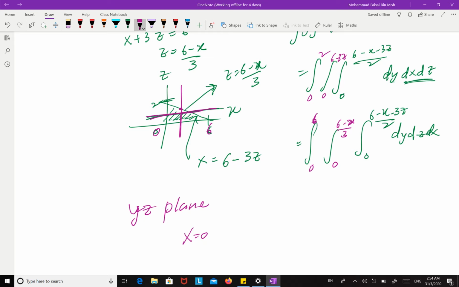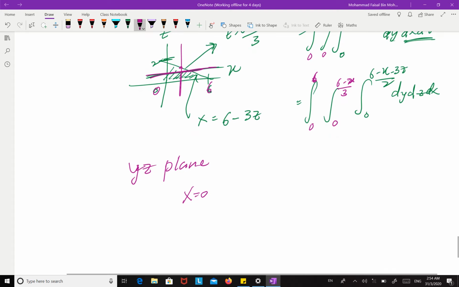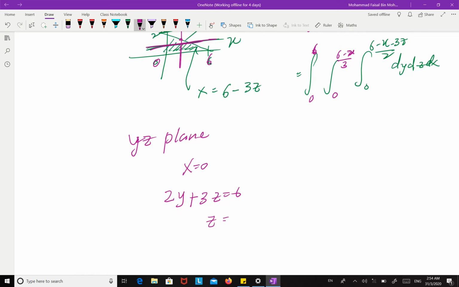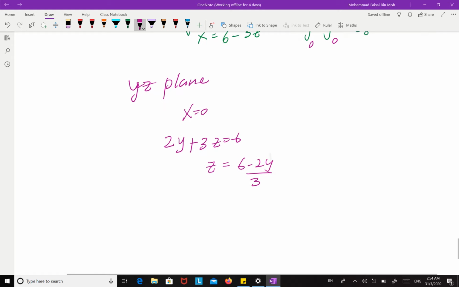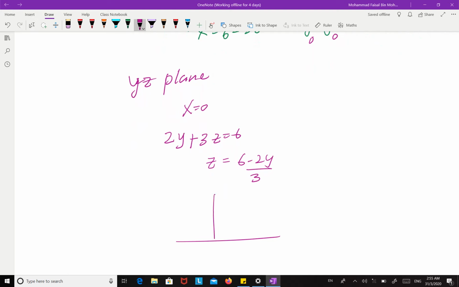So when x was 0, the equation will be 2y plus 3z equals 6. So your z equals (6 minus 2y) over 3. So you can draw another line. When y is 0, z is 2. When z equals 0, y equals 3.